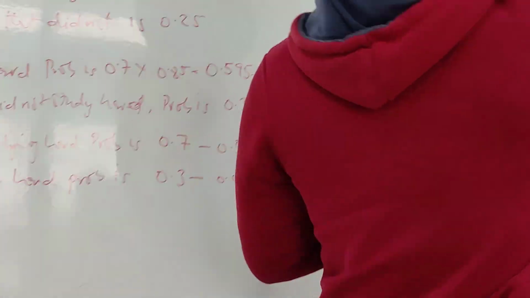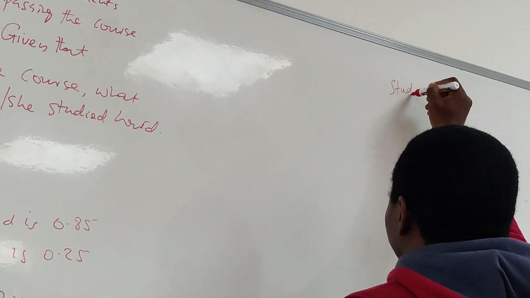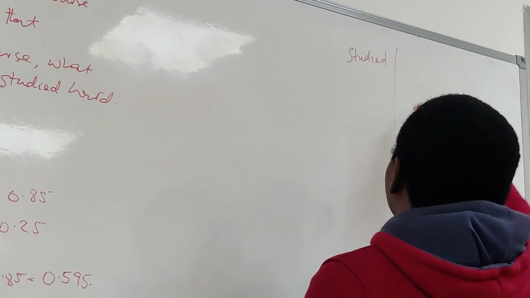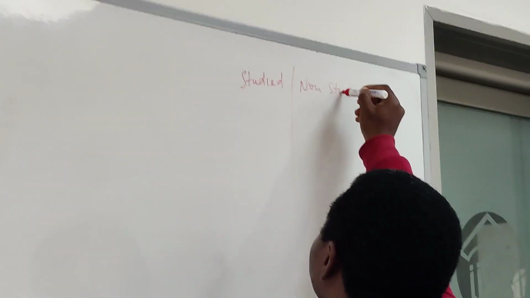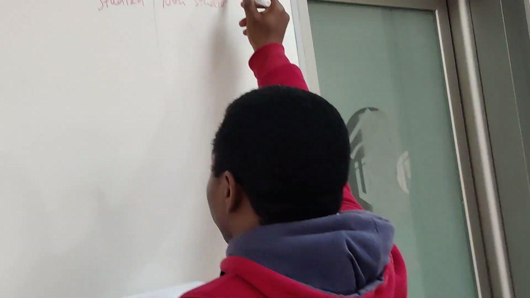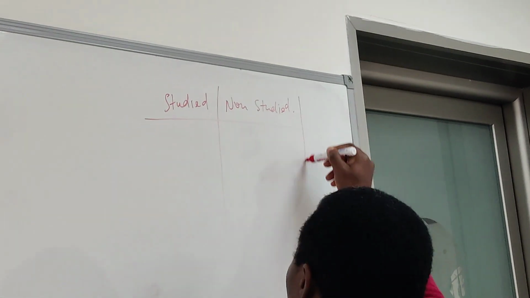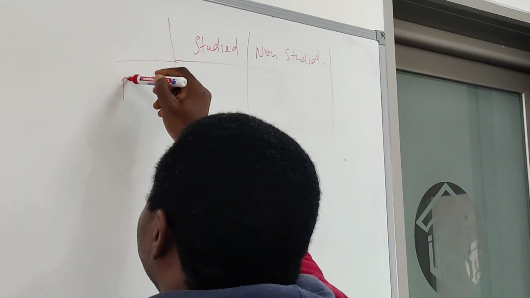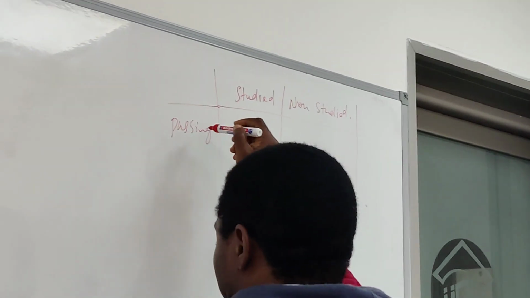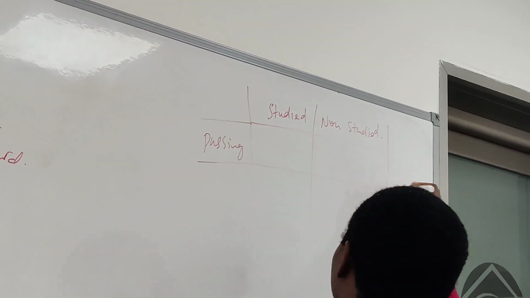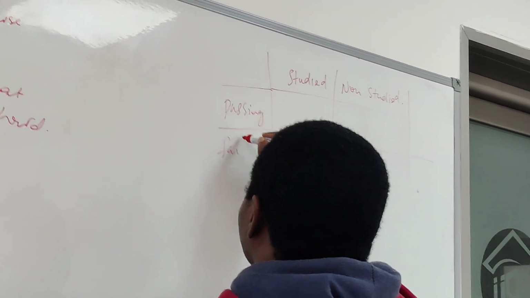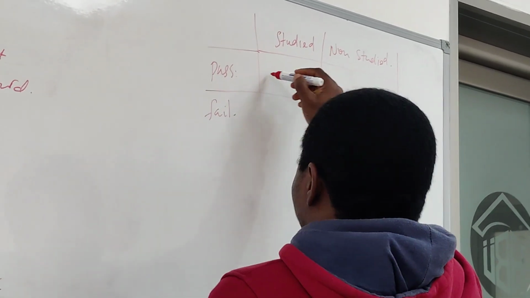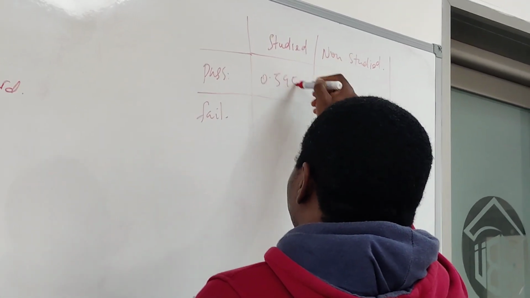So we have our table this way for those that studied and for those that did not study. Now here for passing and for failed. Okay, let me just say pass and fail. Here we have 0.595.